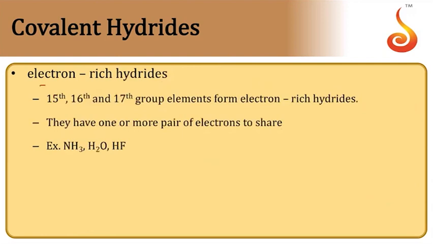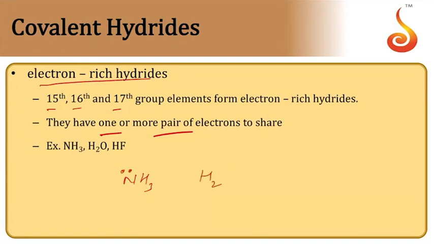Then electron rich hydrides. 15, 16, 17th group elements form electron rich type of hydrides. They are called electron rich because they have one or more lone pairs of electrons to share. So when you take ammonia, ammonia has one lone pair of electrons on nitrogen.